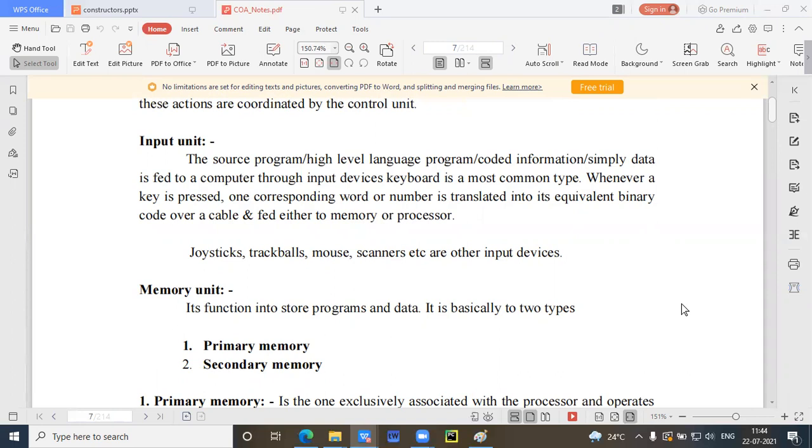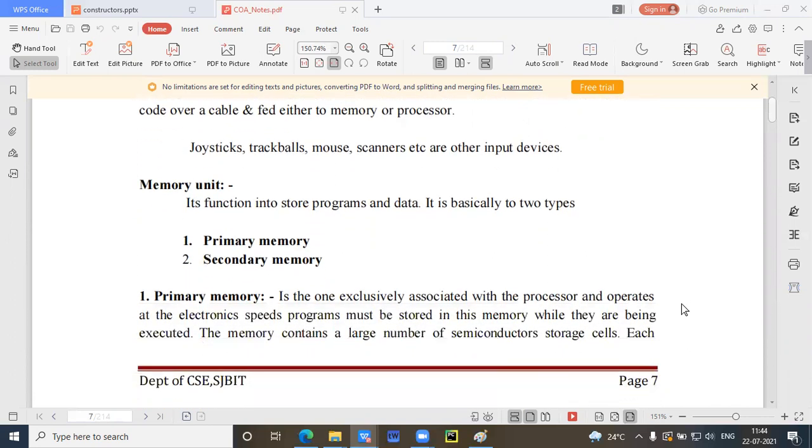Whenever a key is pressed, the corresponding word or number is translated into its equivalent binary code and sent over a cable to either memory or processor, right? That type of devices are called input devices. Examples are joysticks, trackballs, mouse, scanner, etc.